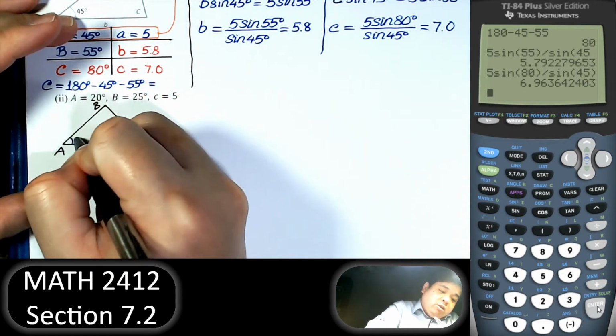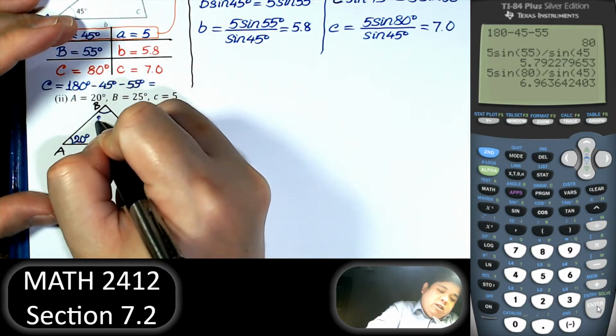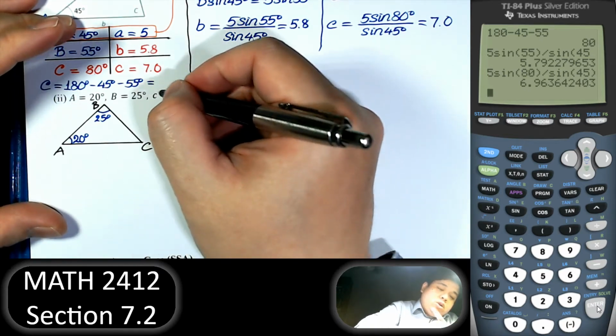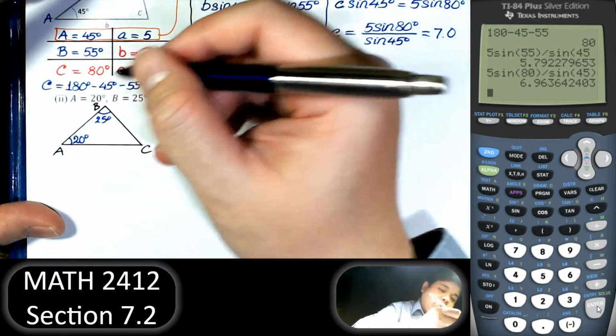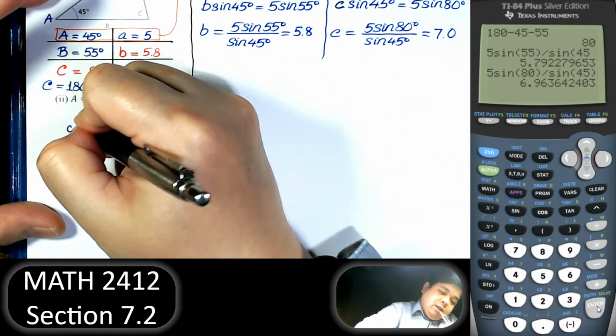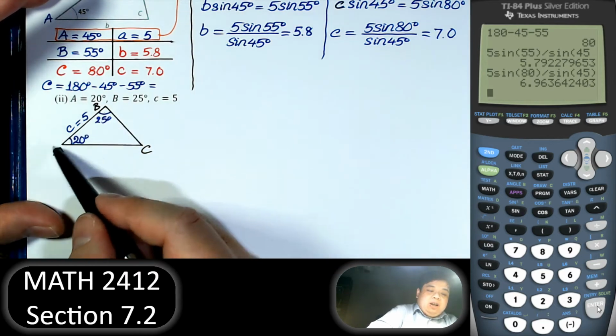Angle A 20 degrees, angle B 25 degrees, of course the measure is way off, and side c, which is opposite to angle C. So in this case we have angle, side, angle.